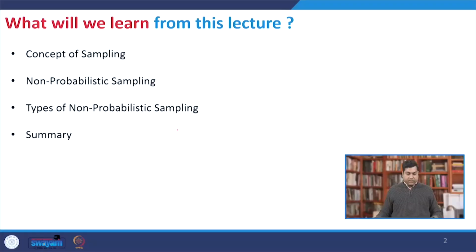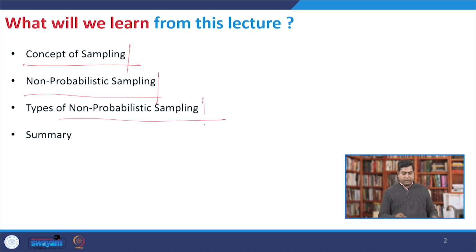In this case, we are going to learn the concept of sampling, and I'll show you with a very easy example to follow, and I'll also give you examples from some of the case studies that we have used in our research so far. Then we'll discuss non-probabilistic sampling and understand its types, and then we summarize this lecture.